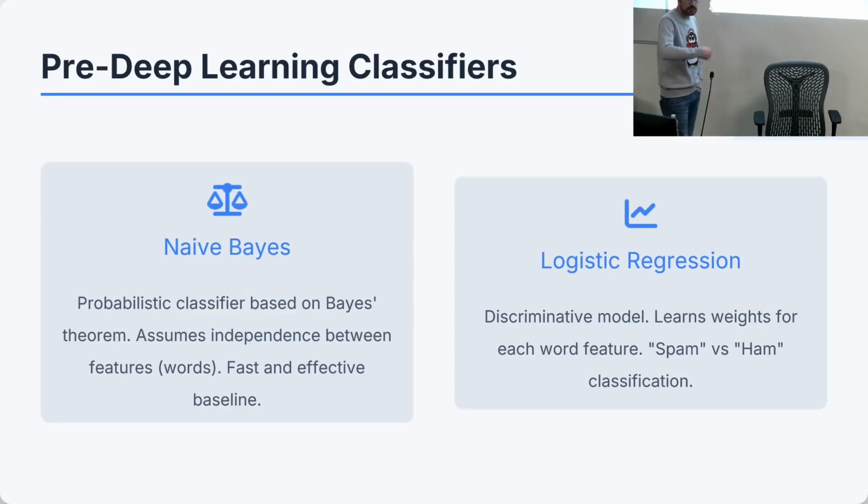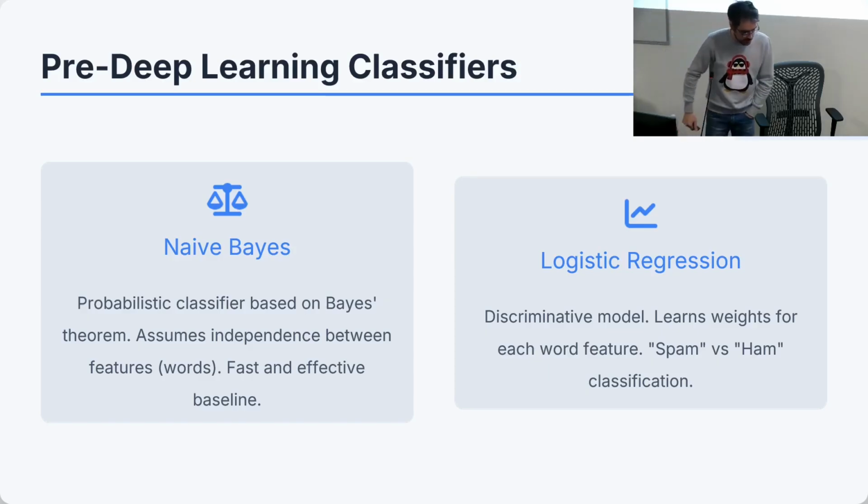Based on this representation, so TF-IDF, n-grams, whatever, the classifiers before deep learning actually became a thing were mostly of two families. A Bayesian family approach, here called naive Bayes. This is a probabilistic classifier.